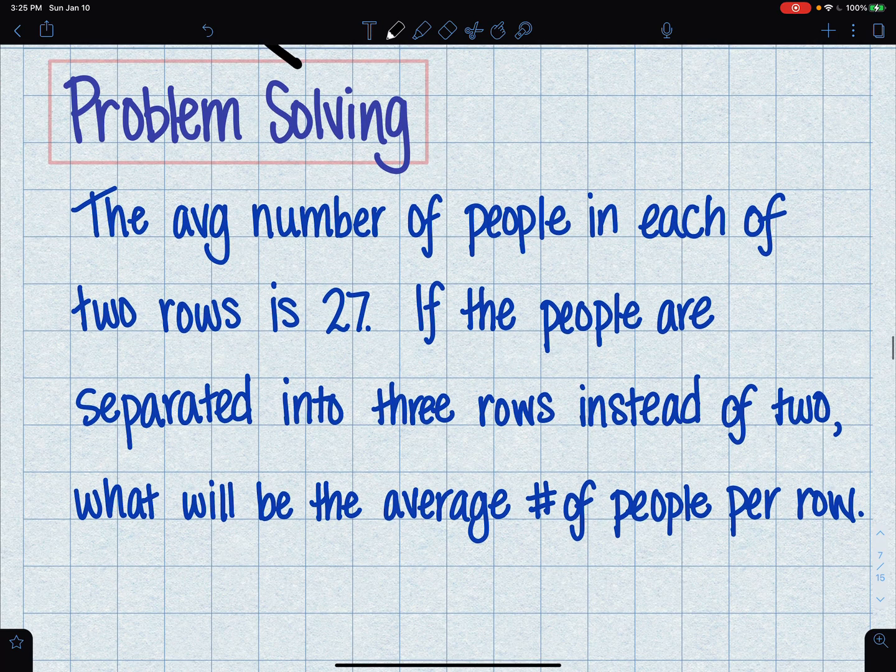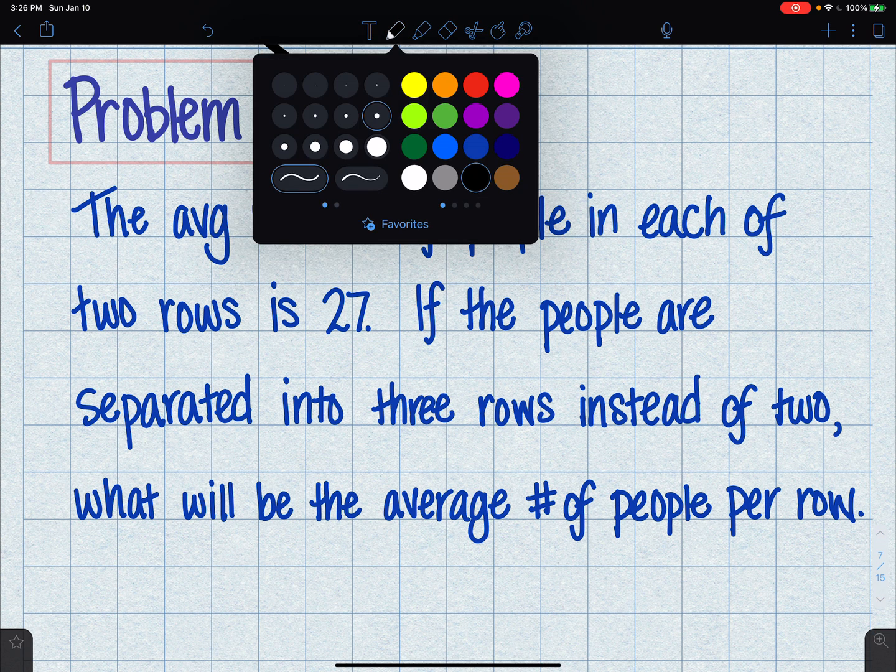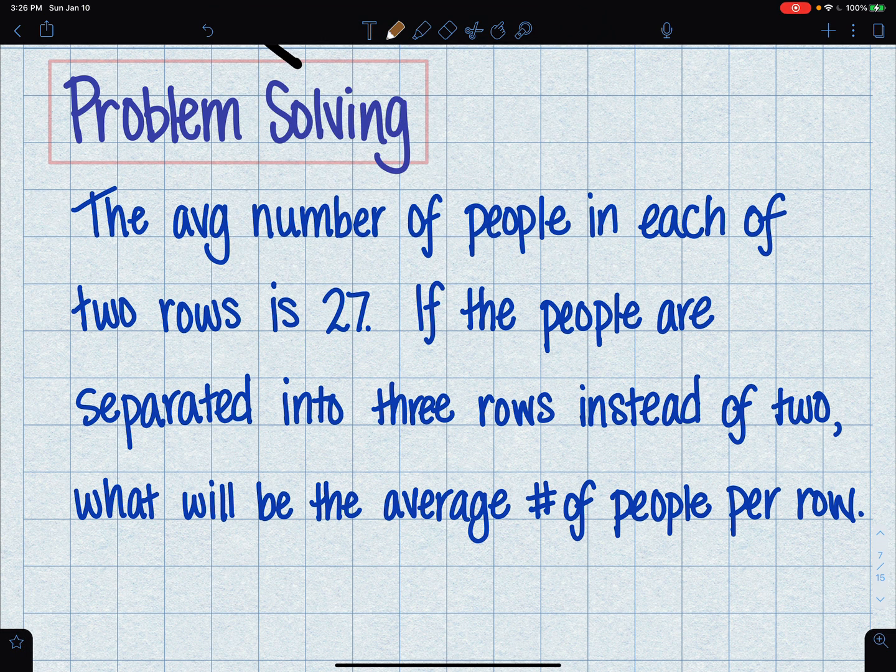All right, let's do problem solving. This one's a little tricky. It goes over averages again. The average number of people in each of 2 rows is 27. So that's an interesting way of saying it, but there's kind of 2 rows of people.